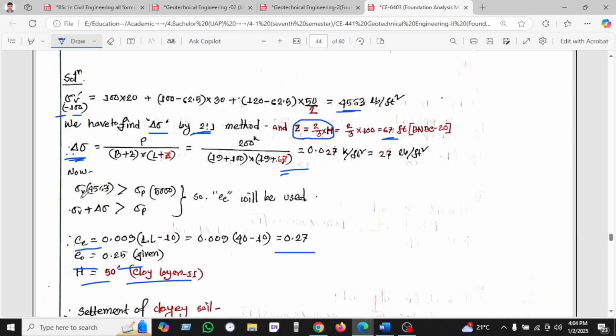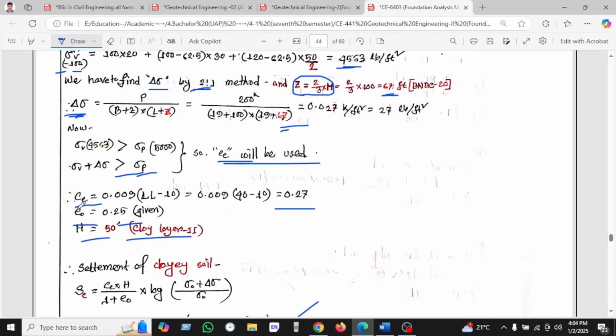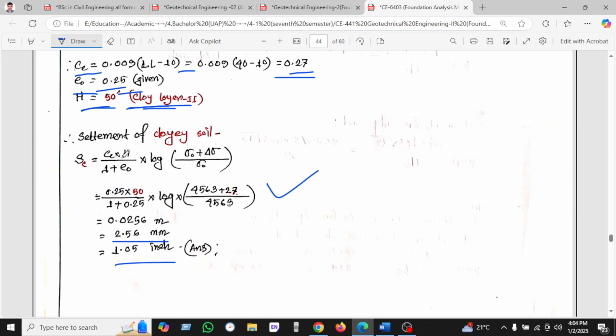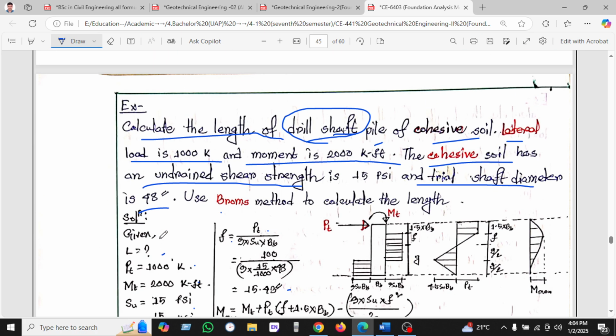Now we calculate sigma B; it is greater than sigma P, and sigma B plus sigma C is greater than the preconsolidation pressure, so we will use Cc. Cc we know is 0.009 into liquid limit minus 10, and found 27. e naught equals 27. For the settlement of the clay layer we use this formula, and found 2.56 millimeter.